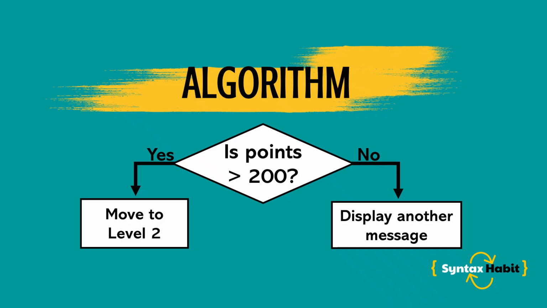There are two possible answers, yes or no. If the answer is yes, we could congratulate the player and move them to level 2. If the answer is no, we could display a different message, perhaps telling them that they need more points. The important thing to understand is that the result of our condition controls which path the program takes, and this is the idea behind selection.